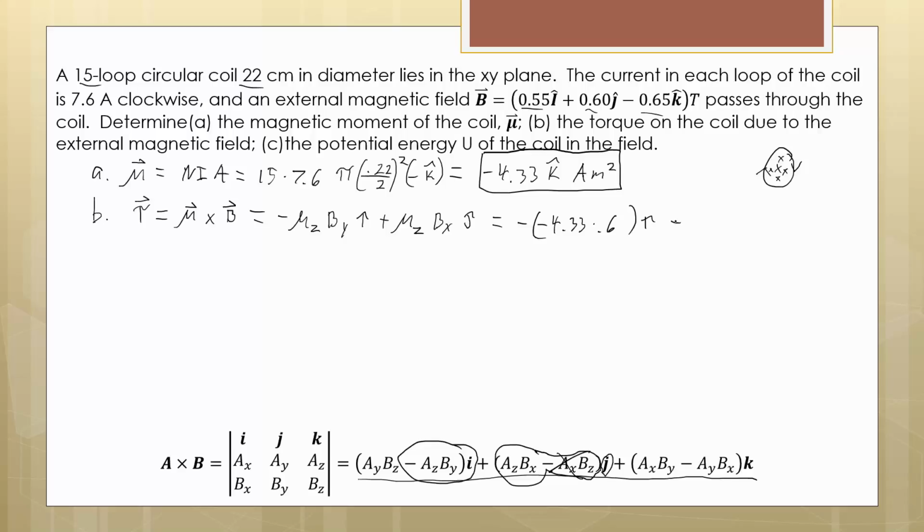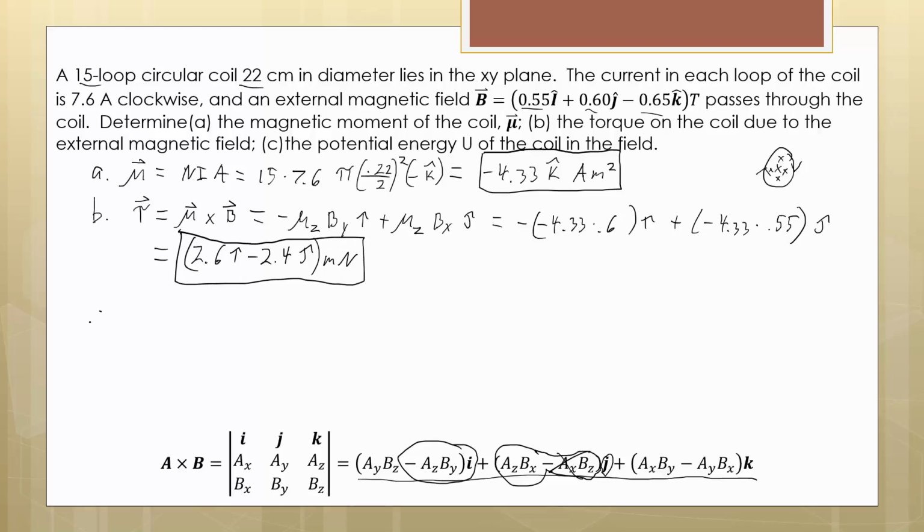All of that is in the I hat direction, plus negative 4.33 times 0.55, and that is in the j hat direction. So this works out to be 2.6 I hat minus 2.4 j hat, and these will have units of meter newtons. Okay, that wasn't as bad as it looked at the start.